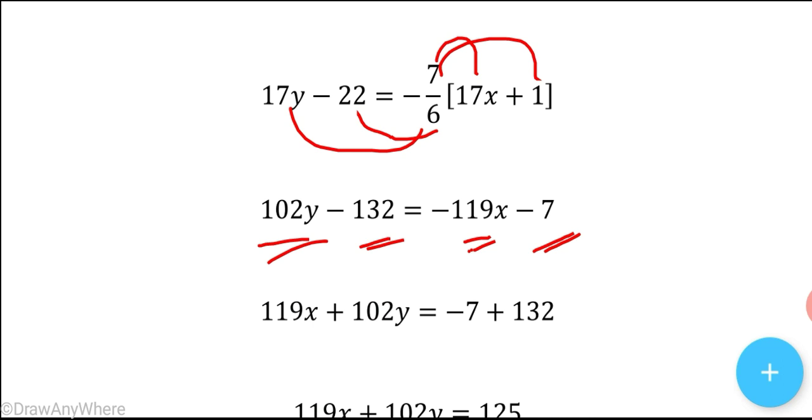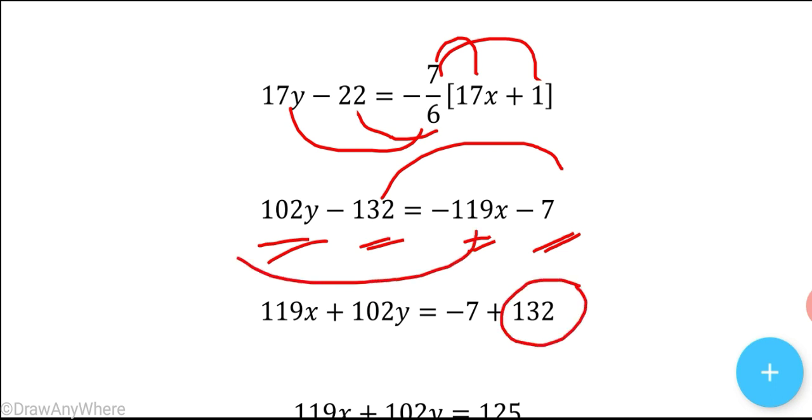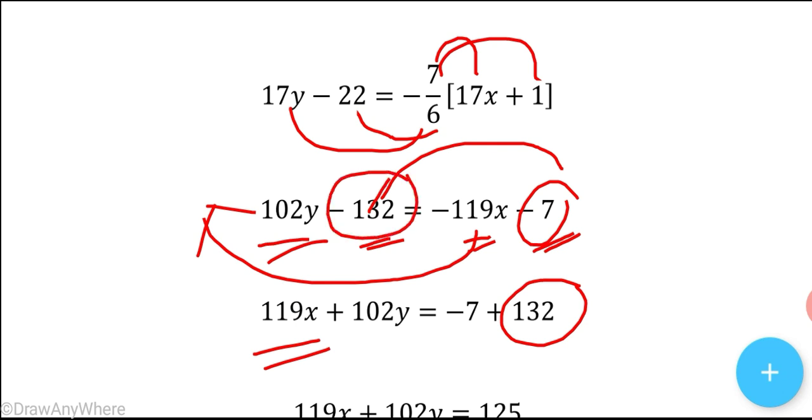Now move this minus 132 to this side, so it will become plus 132, and move this minus 119x to this side, so it will become plus 119x. So 119x plus 102y equal to minus 7 plus 132, which is 125.